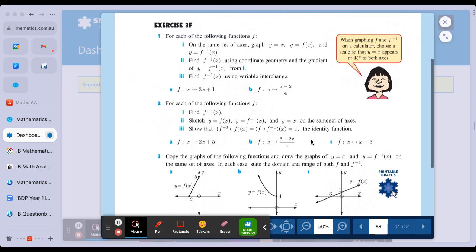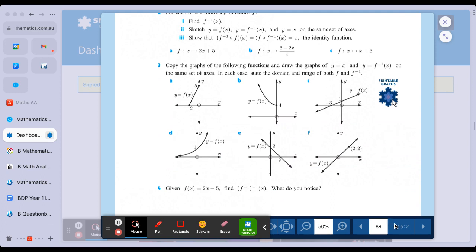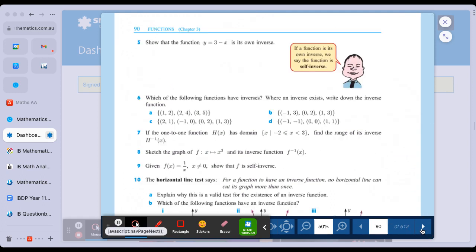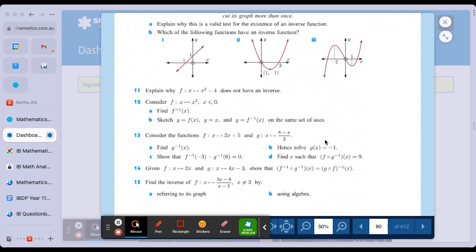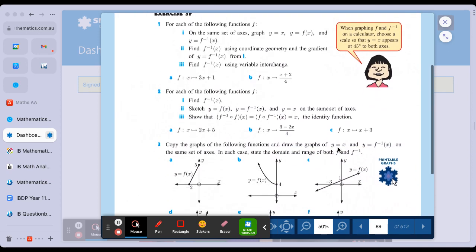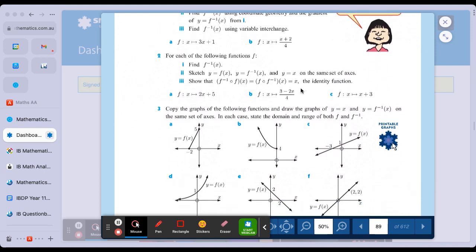That's okay, it doesn't matter. I should have looked at these a bit more carefully before, because some of them are a bit more full on than we need right now. We're going to continue looking at inverses and composite functions as we go on. This is just supposed to be a general look at them.